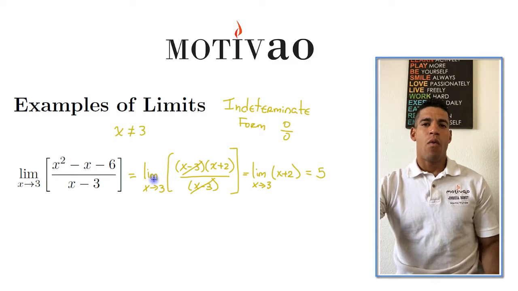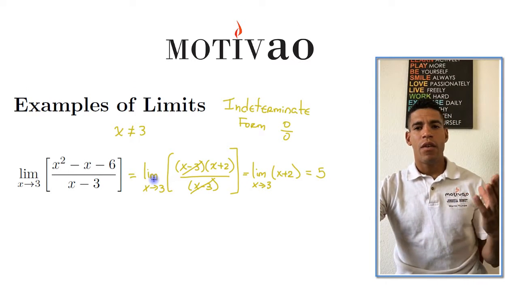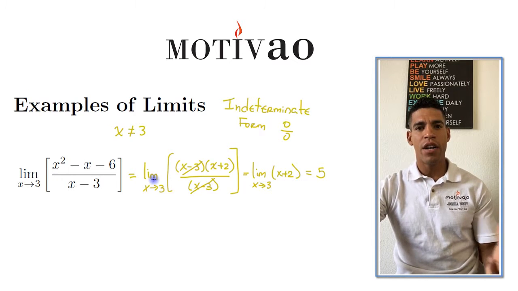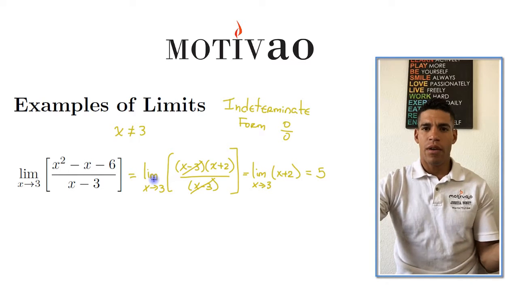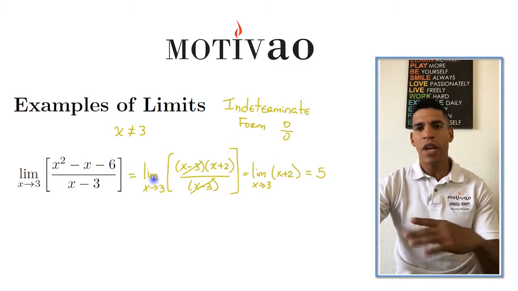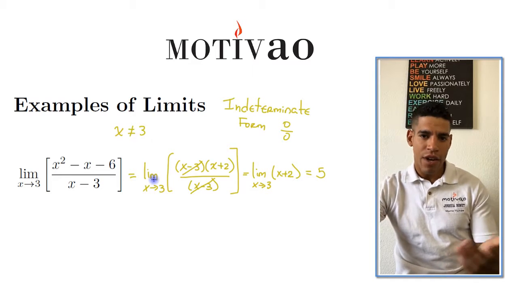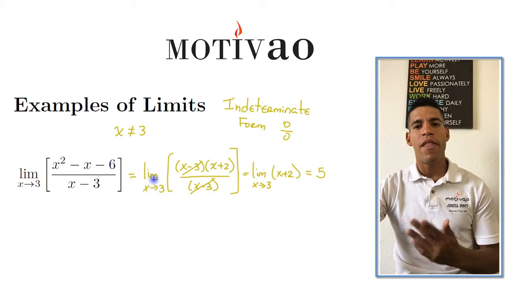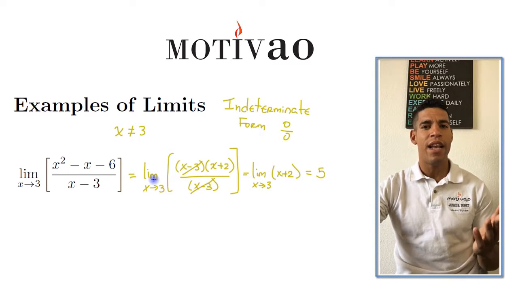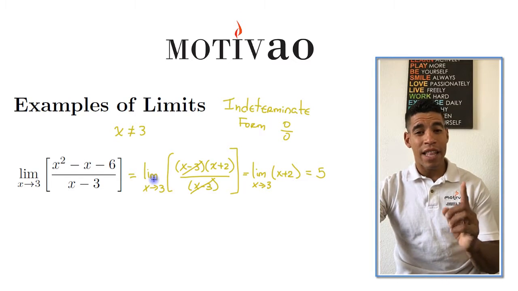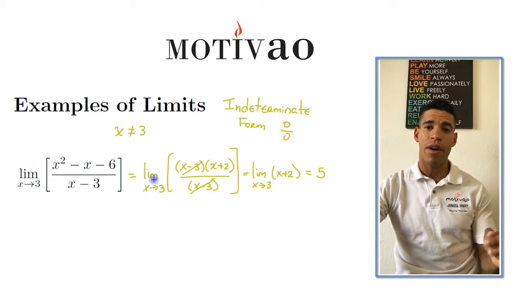Now, one thing that I was confused about when I was younger was, wait a minute, isn't this function already equal to x plus 2? Right? Because if you take away the limit, it's still going to cancel and it's still going to give you x plus 2. But then later on, once I had more experience, I learned that it is a different function because the domain is restricted for this particular function.